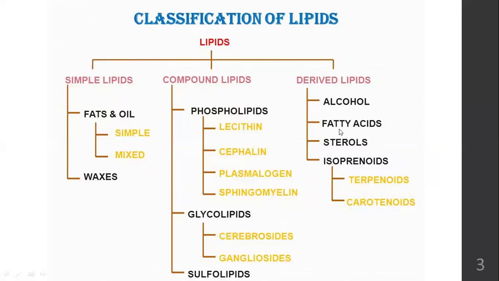Then the derived sterols: one type of sterol is cholesterol. Sterols are required for hormone production as well. So that's a derived lipid. Then isoprenoids, terpenoids, carotenoids. Carotenoids, if you remember, beta carotenoid, vitamin A. This is a type of isoprenoid. These are derived lipids.